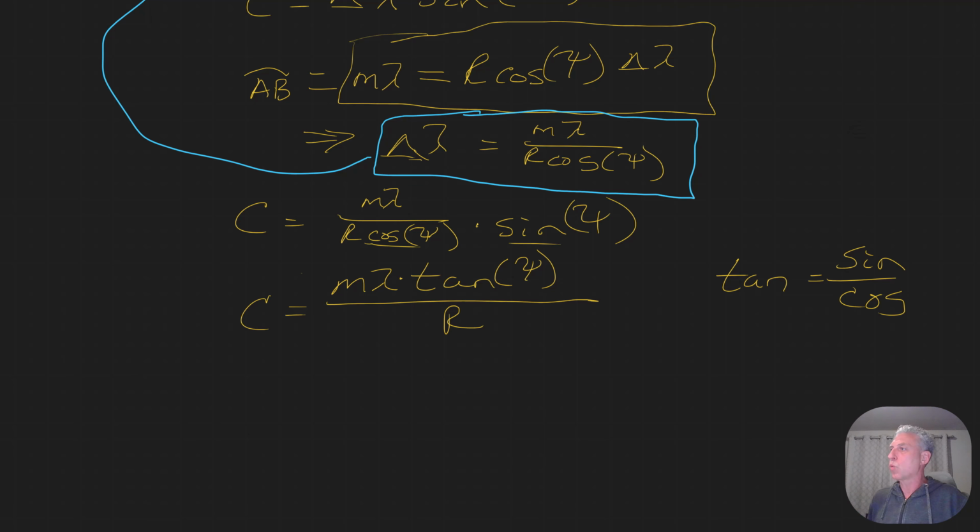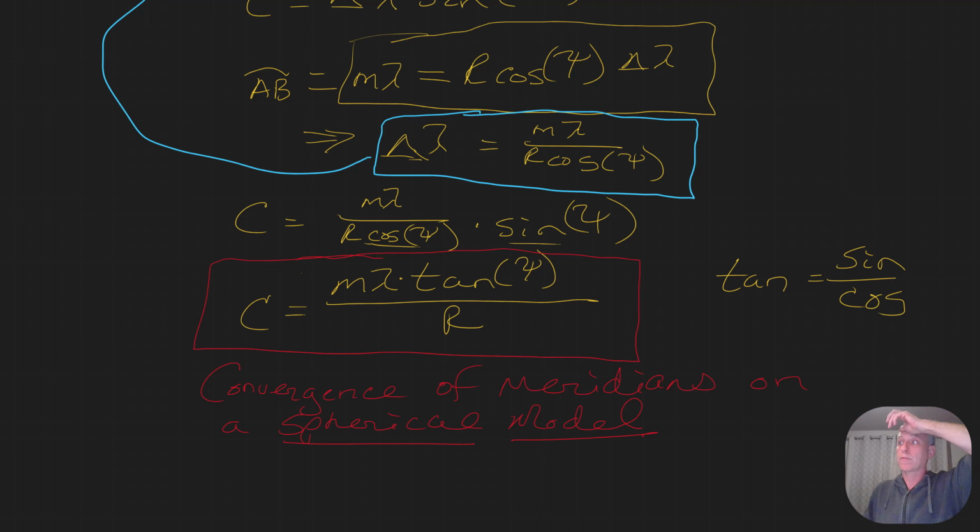And this is what we're going to use for convergence in a spherical model. And that is, in fact, what BLM uses and recommends. So this is what we're going to use for convergence of meridians on a spherical model. And that's what we'll use in homework too. For assignment 2, we'll use the spherical model.